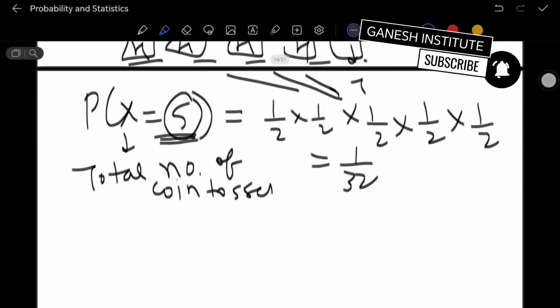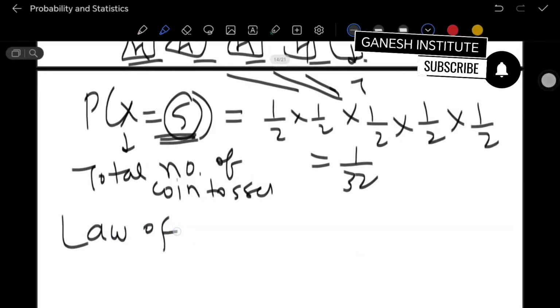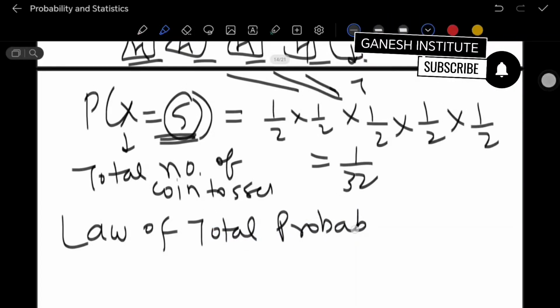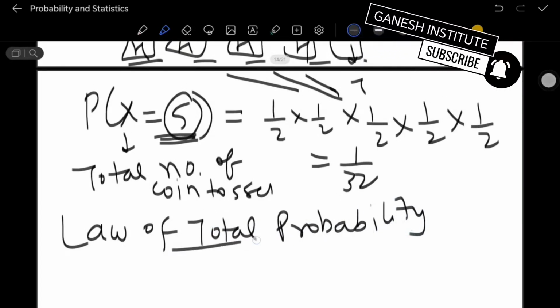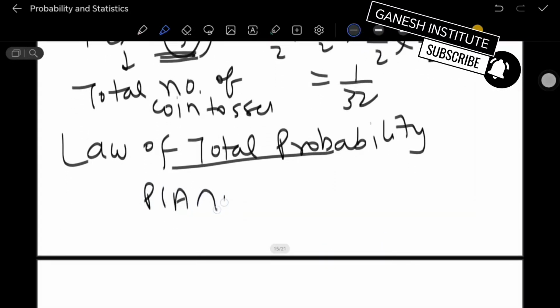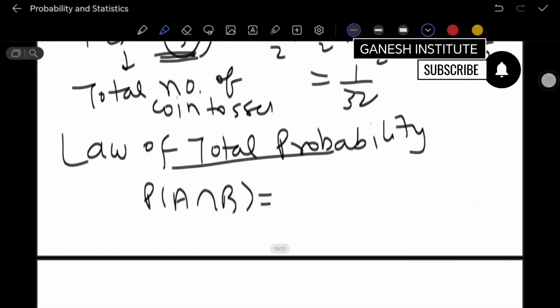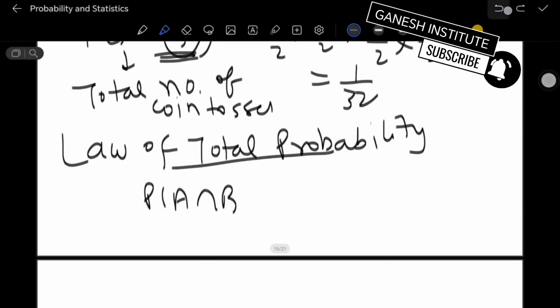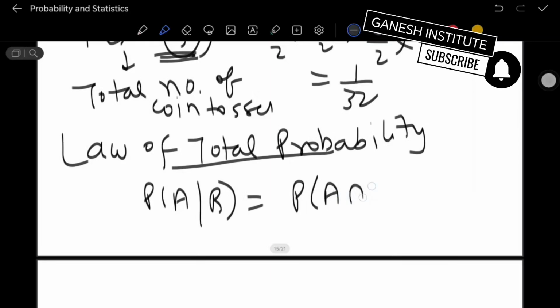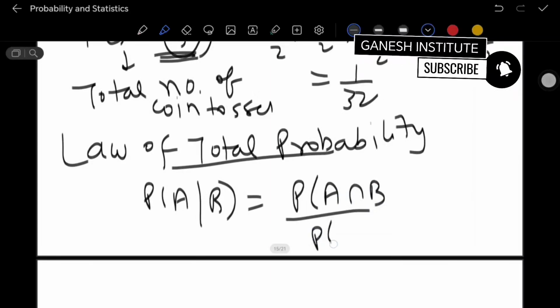Now, when it comes to the law of total probability, it is derived from conditional probability only. You know that by conditional probability, you have this formula that P(A|B) is P(A intersection B) by P(B), right?